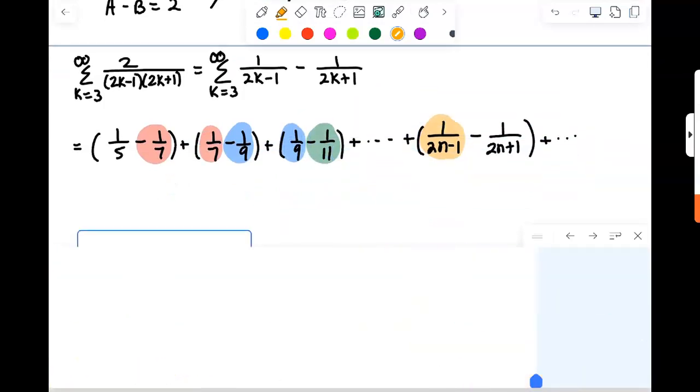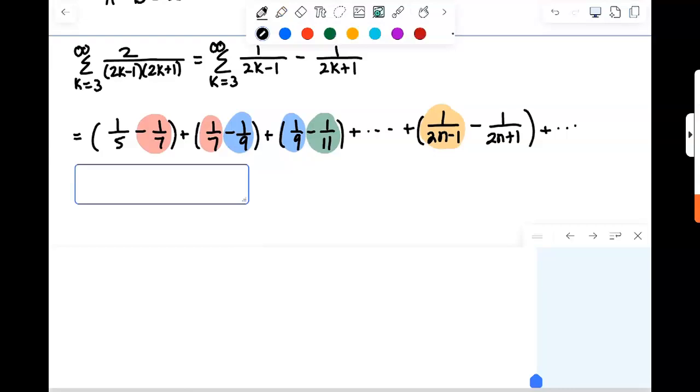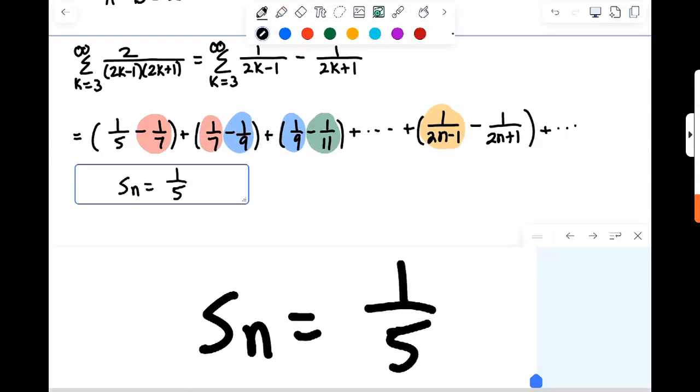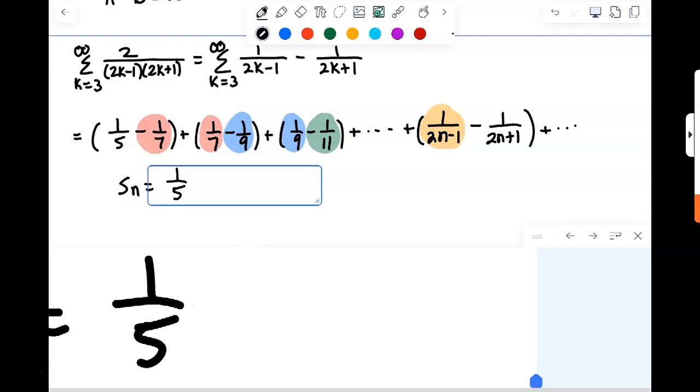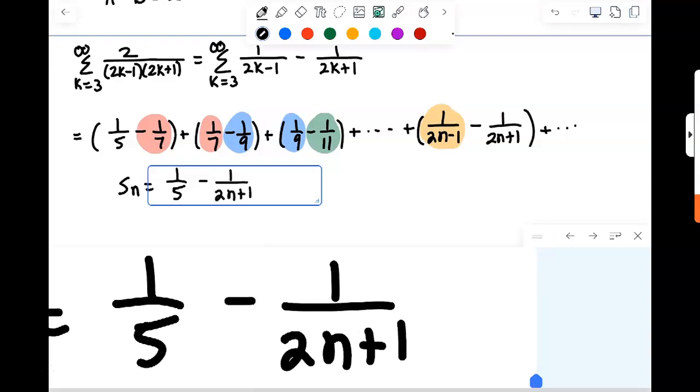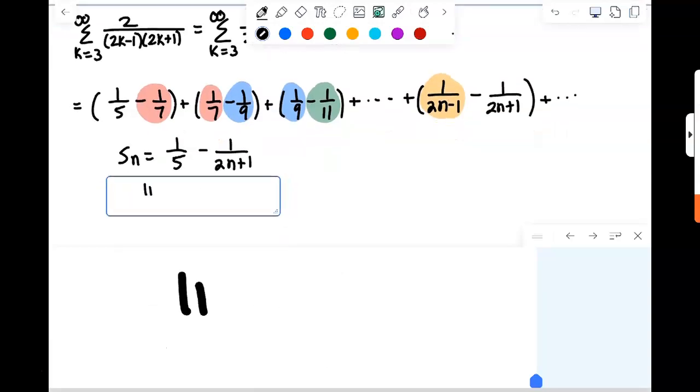And so the partial sums would look like this. Sn would be 1/5 minus 1 over 2n plus 1. And then we would do the limit to find out what the sequence converges to.